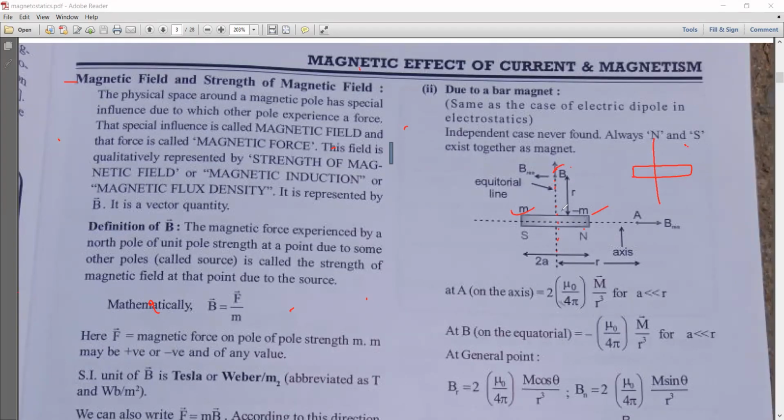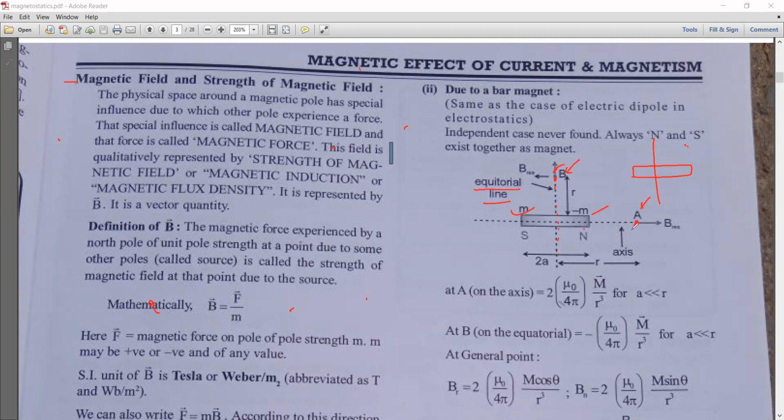So it is called the equatorial plane, है ना? Equatorial line. So this is the equatorial line, and this is the axis, right? Axis of the magnet. Okay, so we have two points here, it is B, and here it is A. So we have to find the magnetic field at this point and at this point.